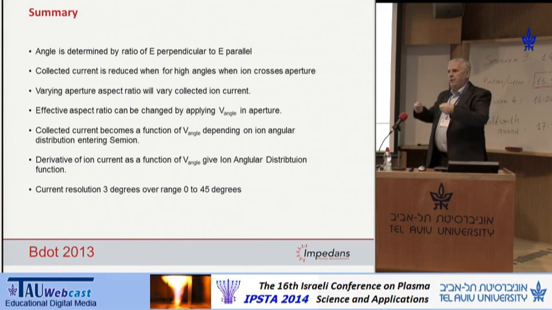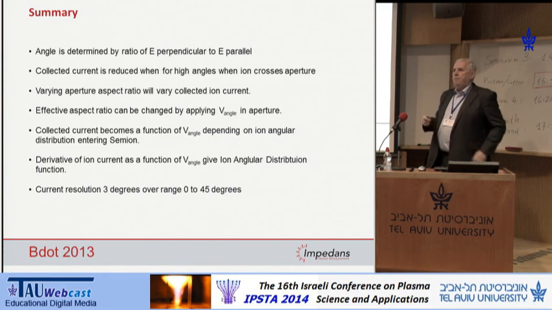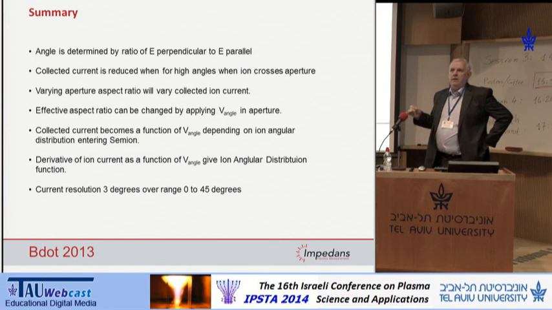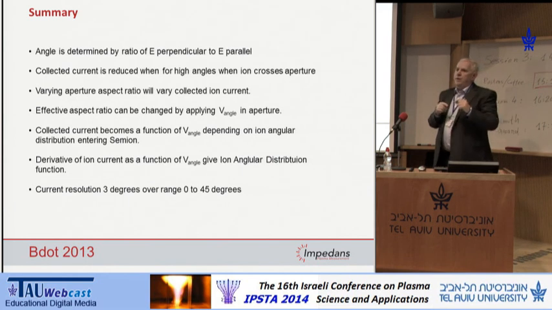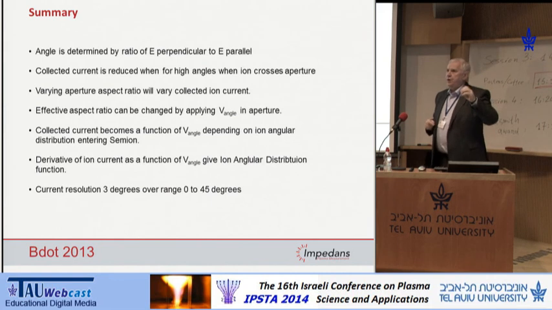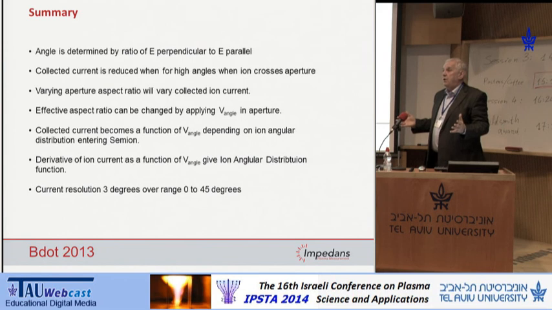So we bias that grid to push electrons back onto the collector. As for those electrons causing a problem inside the sensor, we're operating on the left-hand side of the Paschen curve, and so the electrons get collected by a surface before they've interacted with the gas or caused any further issue.